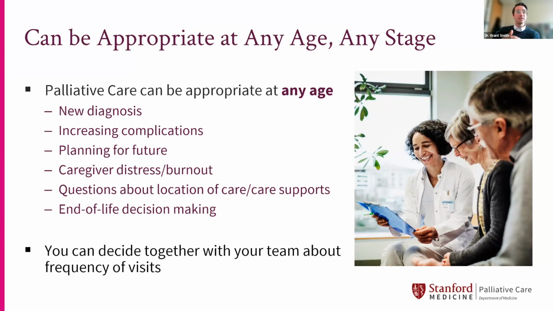Maybe it's a one-time consultation early in the course of the illness to bring up a lot of questions that are helpful to think about. That's okay. Maybe things are getting pretty intense and we need to see each other every month or even every few weeks. That's okay too, and that can change over time. Typically we can titrate up or down what is needed based on the needs of the individual.